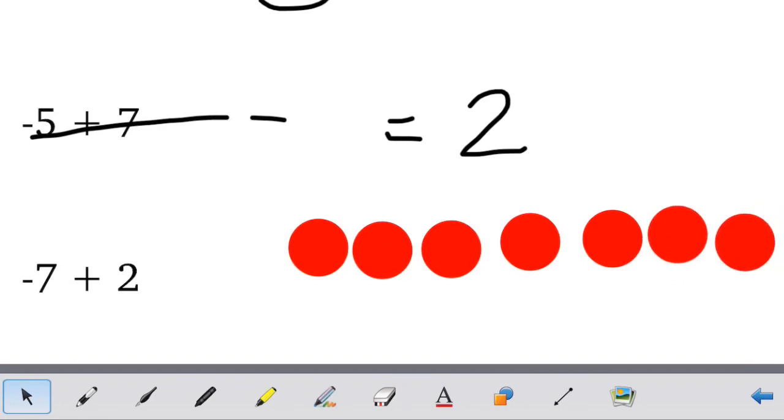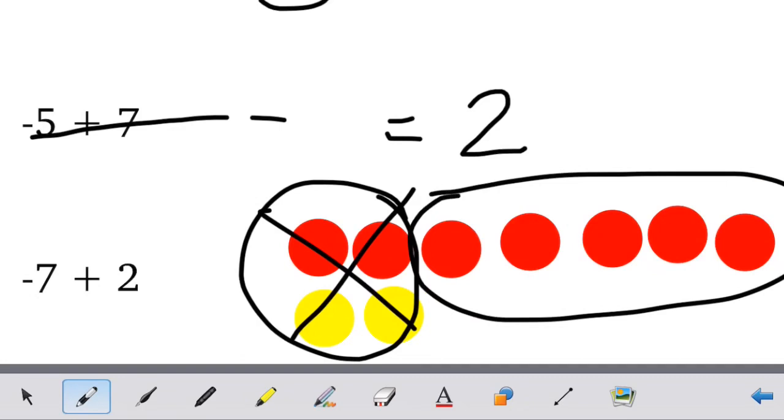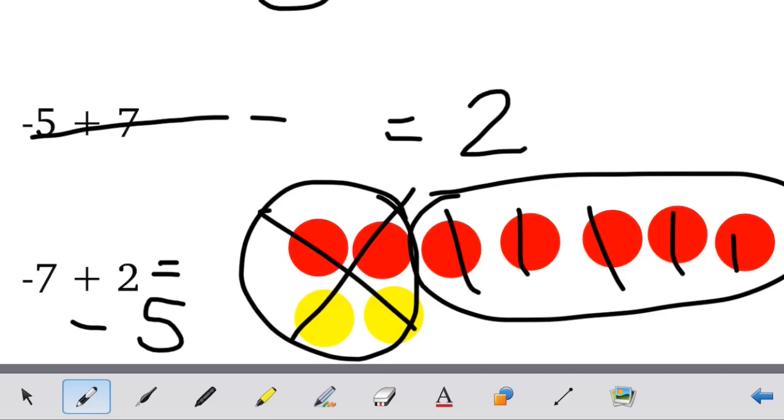And so now I'm going to put out 2 positives, and I'm going to put those out already lined up with my negatives so that I can see those 0 pairs. So I've created 2 0 pairs. Those become 0, and this is my solution. My solution is all negative counters, so my solution is negative, and I have 1, 2, 3, 4, 5. So my solution is -5.